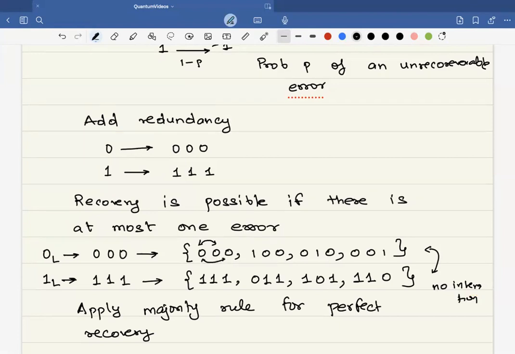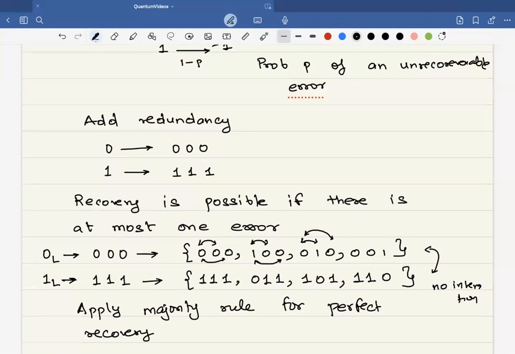For example, if the parity of the first and the second bit is different, and the first and the third bit is also different, then we know that the error has occurred on the first bit. If the parity of the first and the second is different and the first and the third is the same, then we know that the error has occurred on the second bit, and so on.